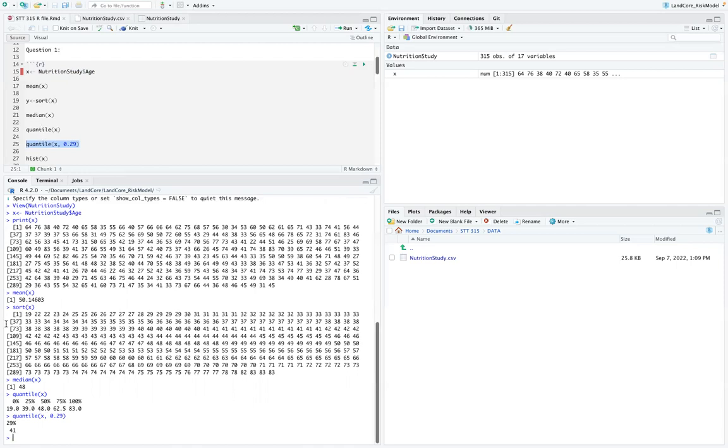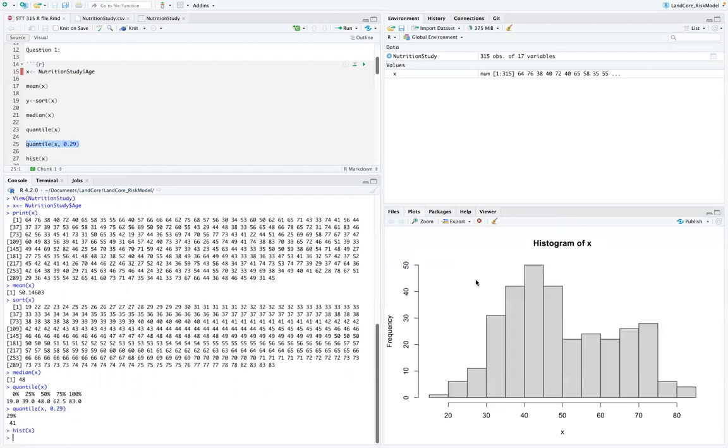Now on to part F, we want to plot a histogram. So we're going to use the hist function. So hist X, and here is our histogram of X. This is the frequency on the y-axis, and on the x-axis is our x's.